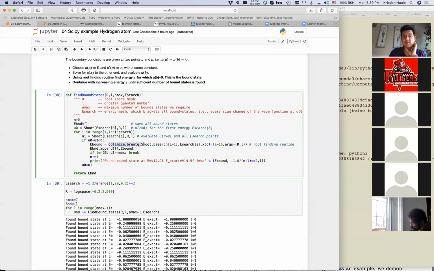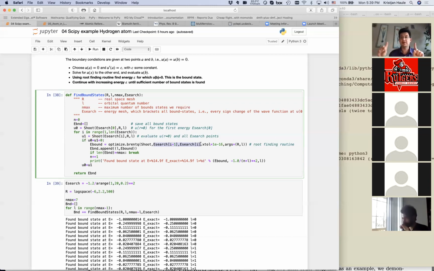The important point is that I want to use one of those root finding routines that brackets the 0. So in other words, it needs the interval a and b, and then it finds the 0 in this interval. So we require that the 0 is exactly within this interval from a to b, not that we give a good approximation for the energy, because then this might find some other energy nearby.